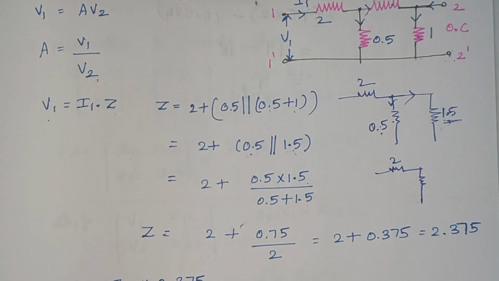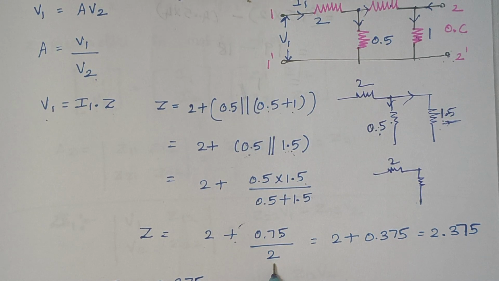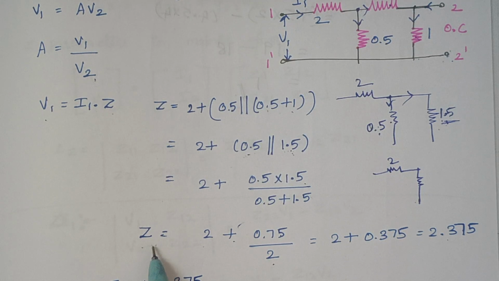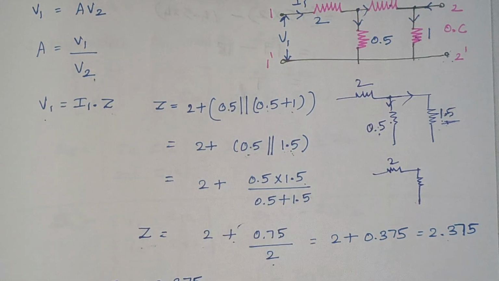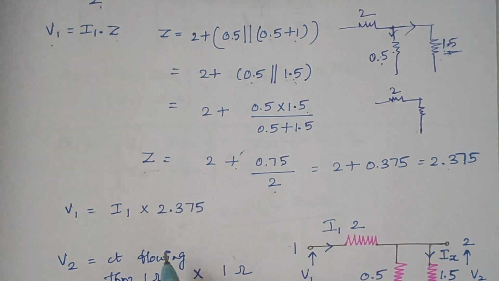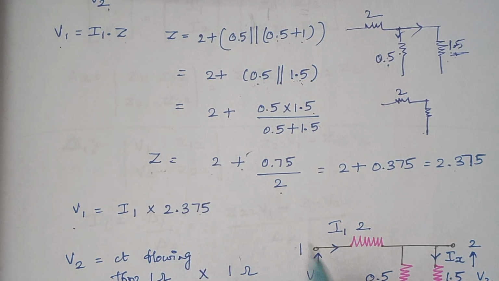When you solve this, you see here we get 2 plus 0.75 by 2. So once you solve this, here we have 0.375. So 2 plus 0.375 gives you 2.375. So now we have calculated the value of Z. So we can directly substitute it here. So V1 is equal to I1 into Z. So this is our expression for V1.